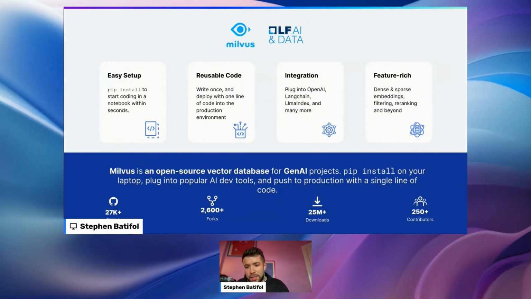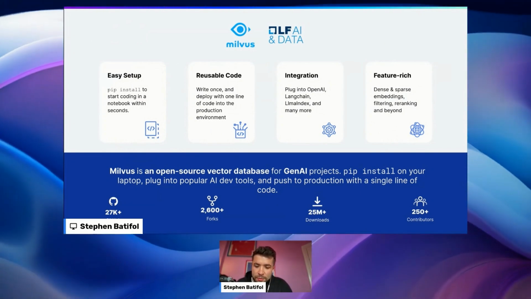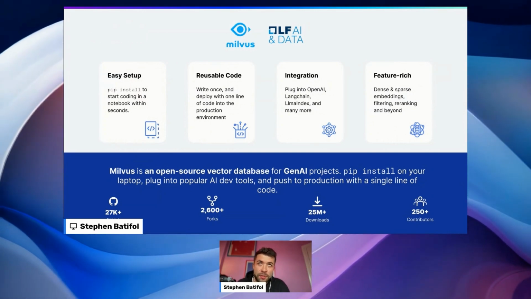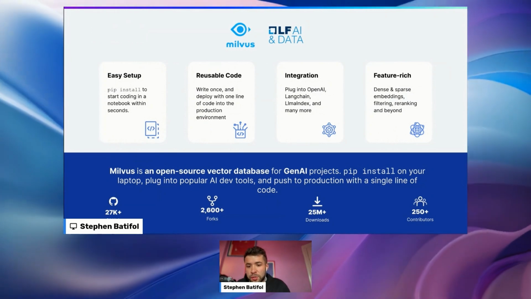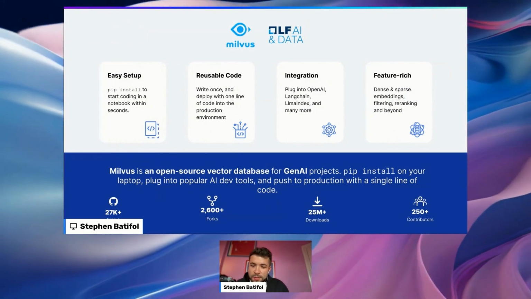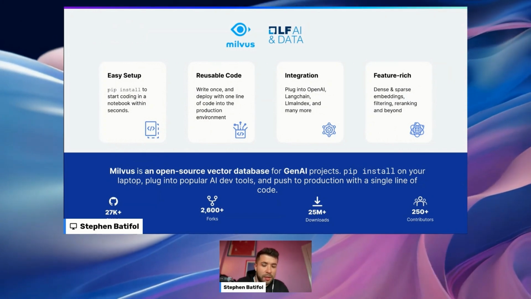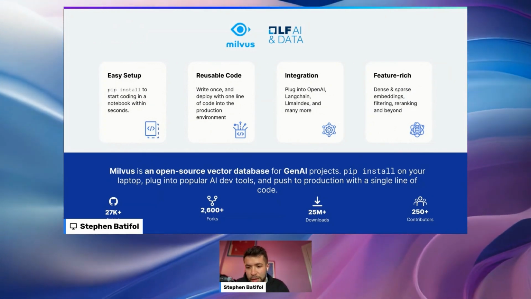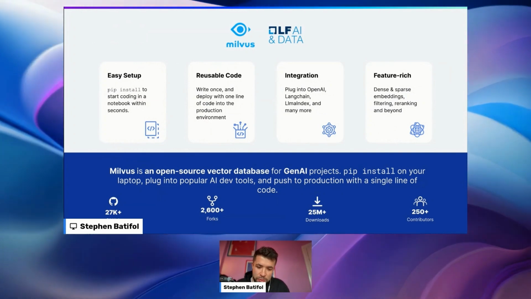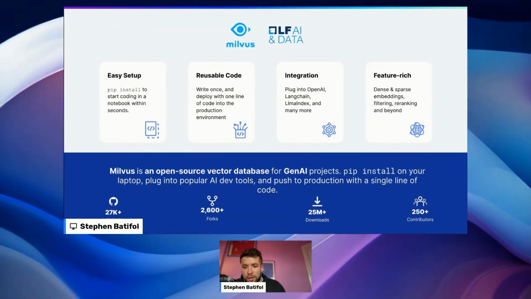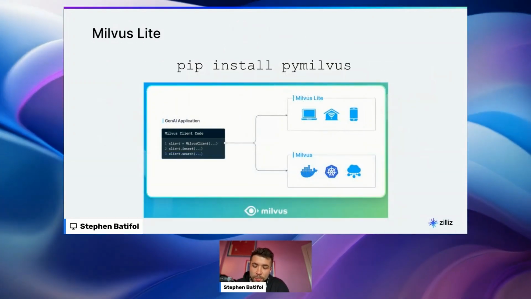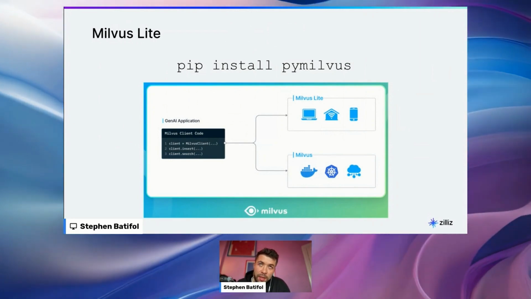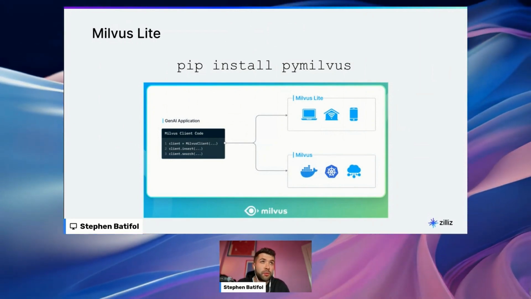What's cool as well is that we built for scale. Usually our biggest customers have billions and billions of vectors. We have different features: you can use dense and sparse embeddings, filtering, re-ranking, different things. We also introduced, 2 weeks ago now, Milvus Lite, which allows you to use Milvus directly on your laptop, let's say in a notebook, also Google Colab.